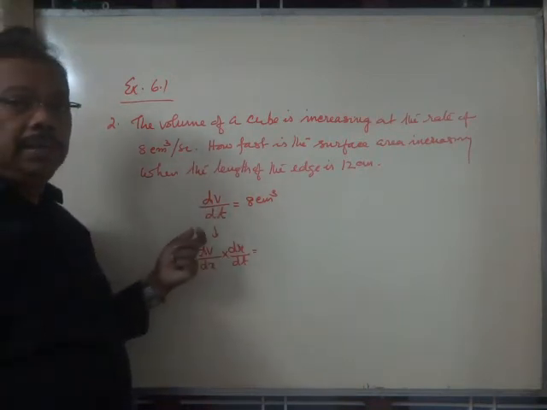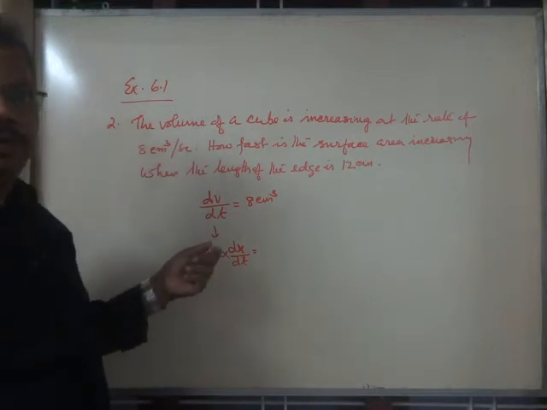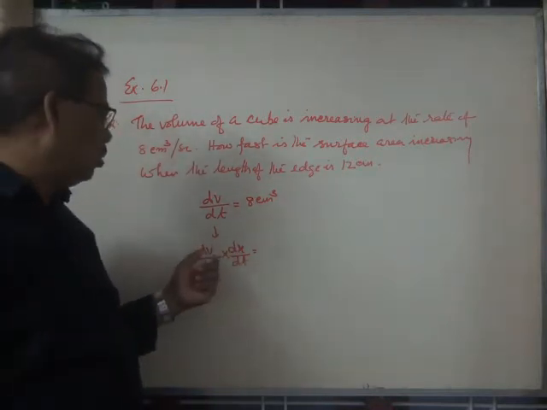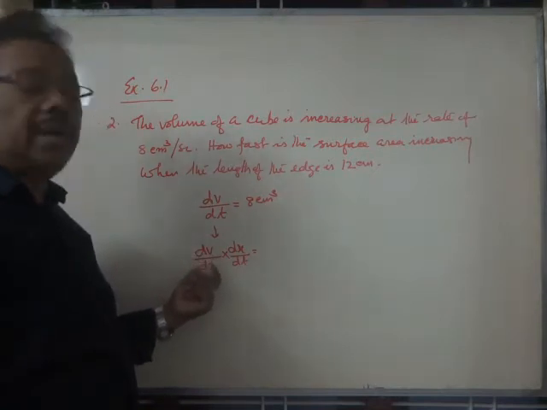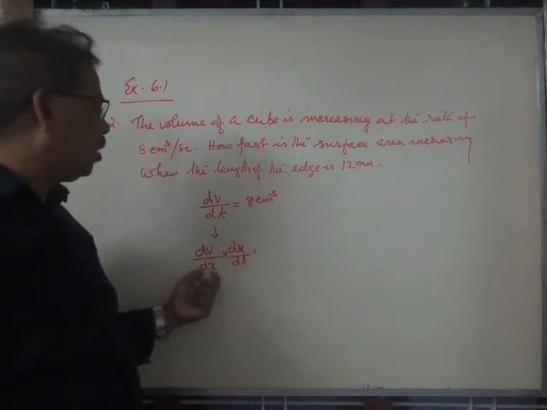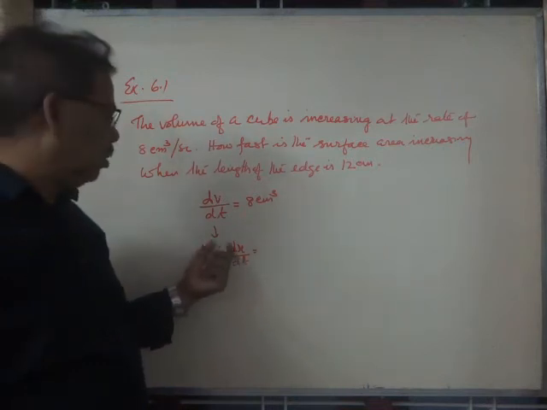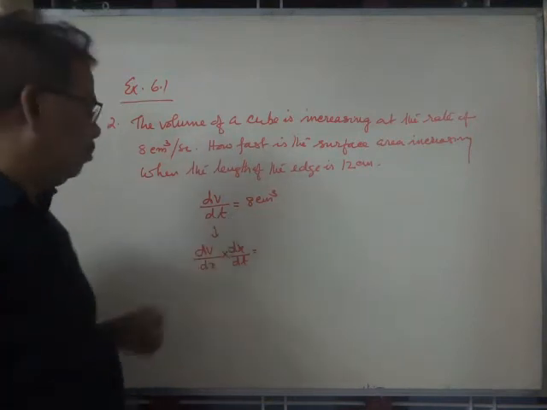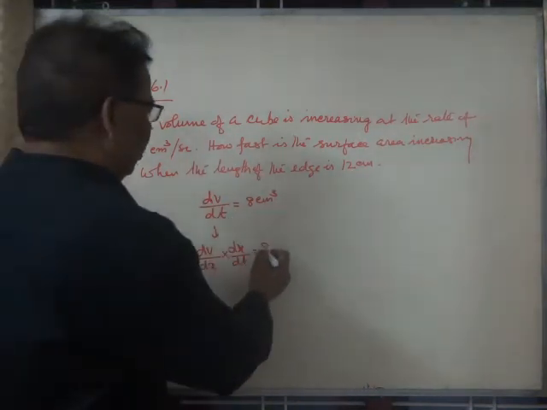The volume will be increasing when the side length is increased. So the rate of change of volume with respect to side length is dV by dx. When it is multiplied by dx by dt, we get derivative of volume with respect to time. And it is given to be 8 centimeter cube.